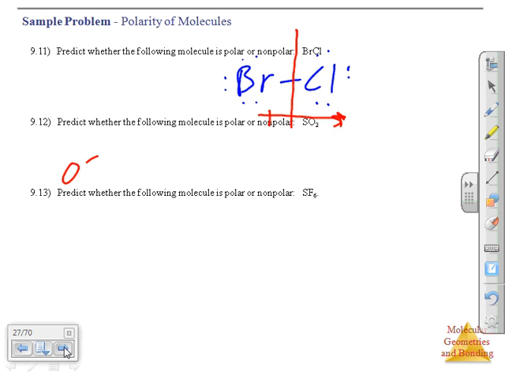We have a couple of resonance structures. We have one like that. We have one like this, with a lone pair of electrons on that central atom there. And we also could possibly have this resonance structure.